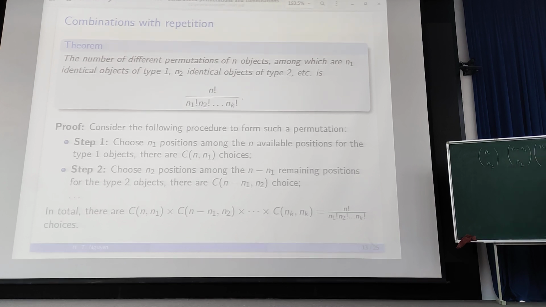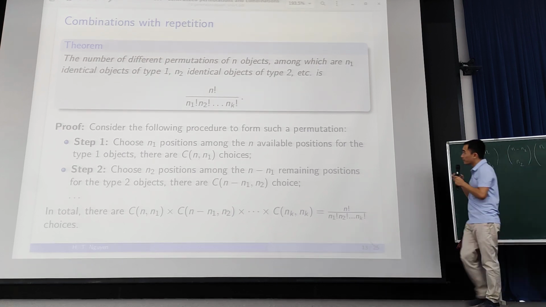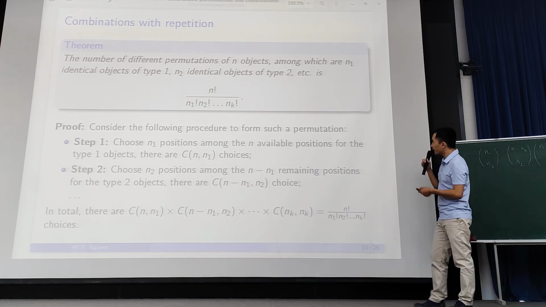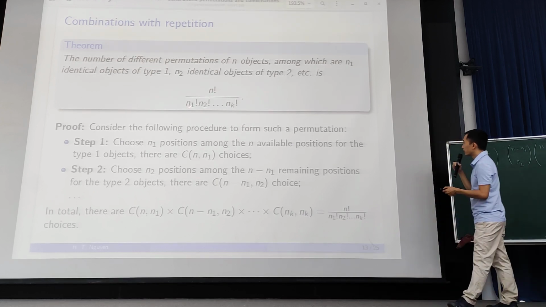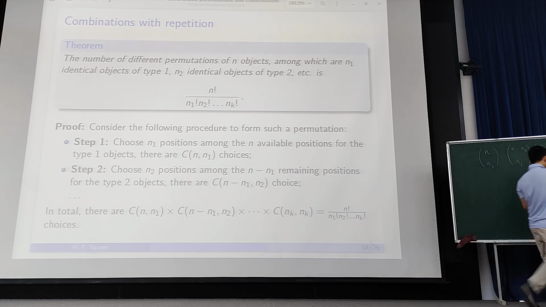And then you have n minus n1 minus n2, choose n3. Okay? And you repeat the procedure. And here, note that n denotes the sum of n1 to nk. So in the end, you have only nk places left to choose.